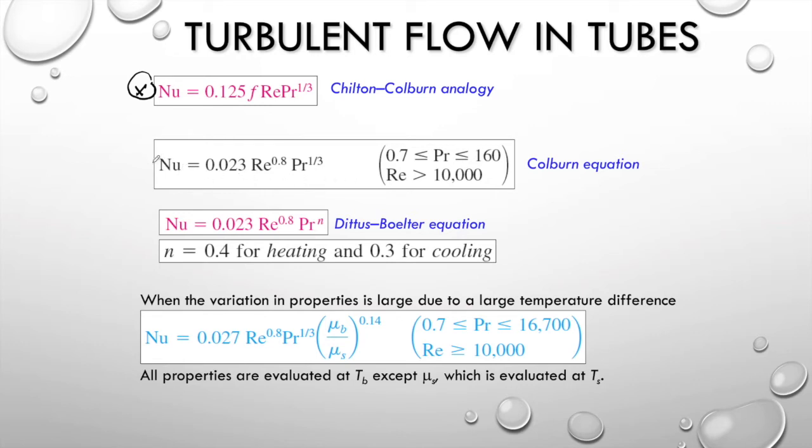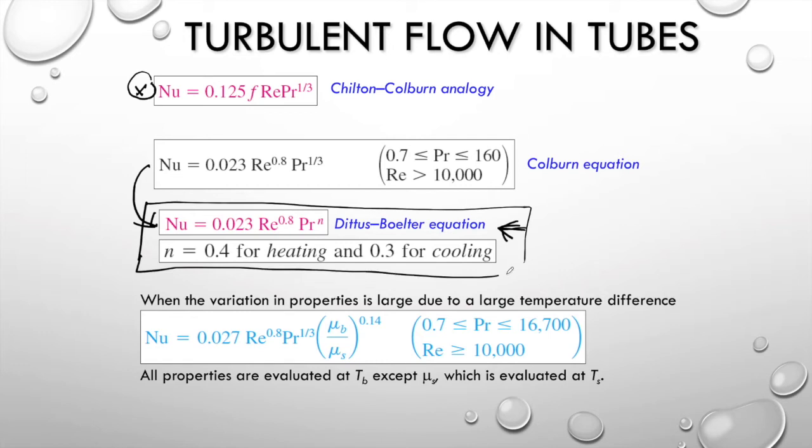The Colburn equation has been improved by Dittus-Boelter. So we can only focus on this equation because it is much more precise compared to the Colburn equation. Remember, you must focus on this equation for fully developed turbulent flow.